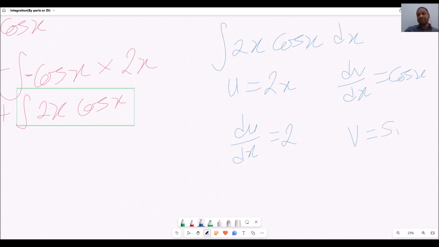Now if I integrate cos x, I get sin x, because if I differentiate sine, I get cos.